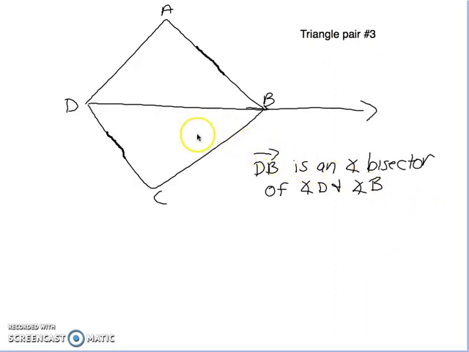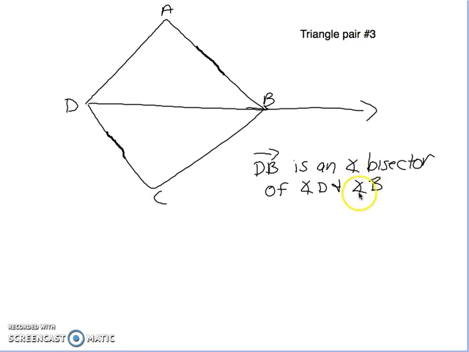Now this one right here, I have two triangles and nothing is marked, but I'm given some information here. Sometimes when you're given information, you may have to go into the picture and draw what it is saying.